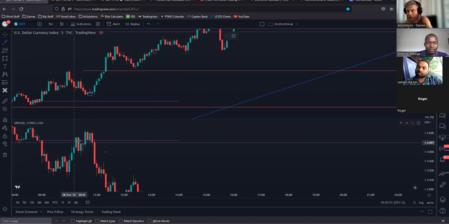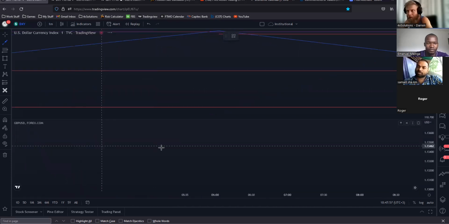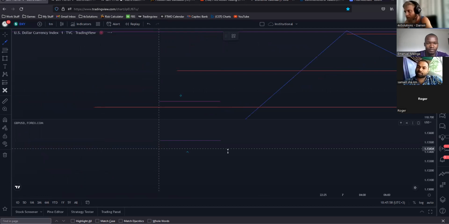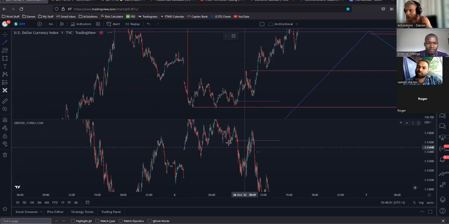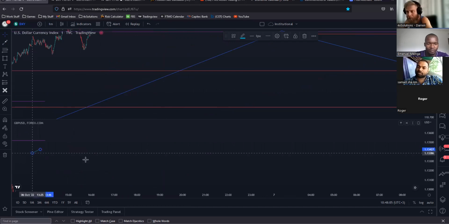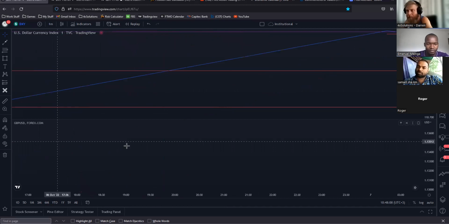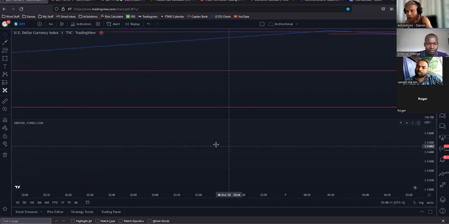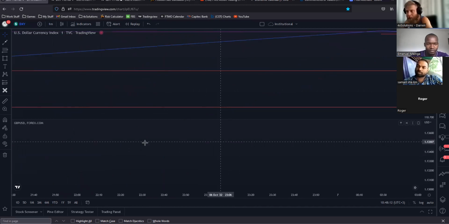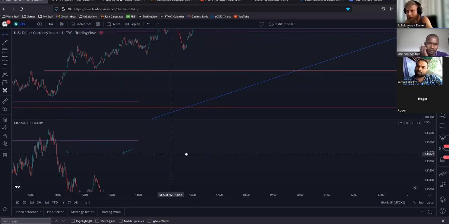So when price was trading above here, we can actually see this even on a 1 minute chart. So when price was trading above here on this 1 minute chart, we zoom right in there. I'm not an expert on TradingView, so forgive me for my mishaps. What do we see here?